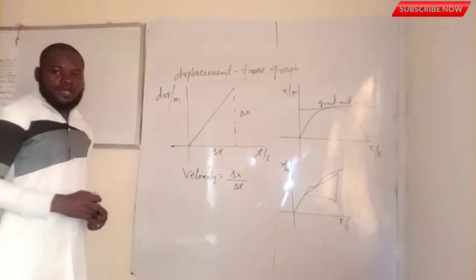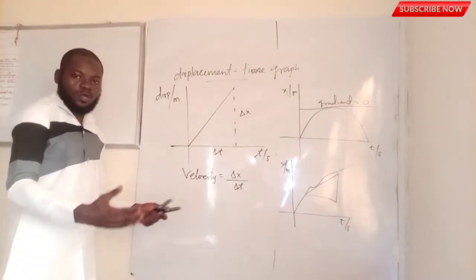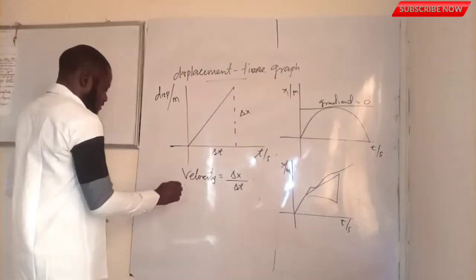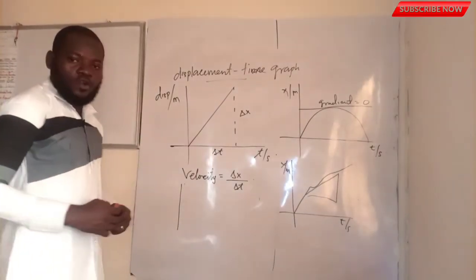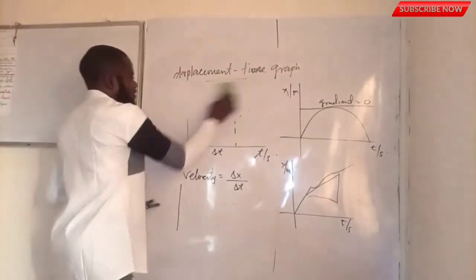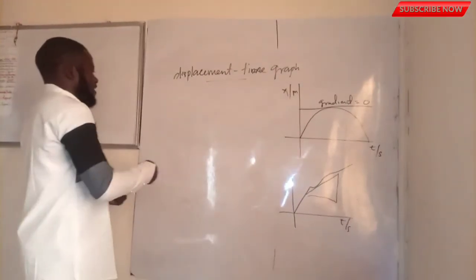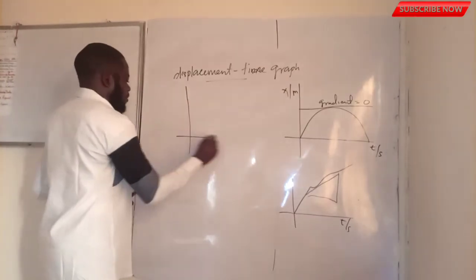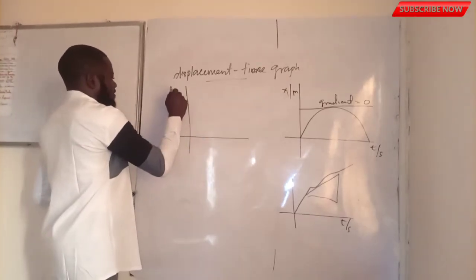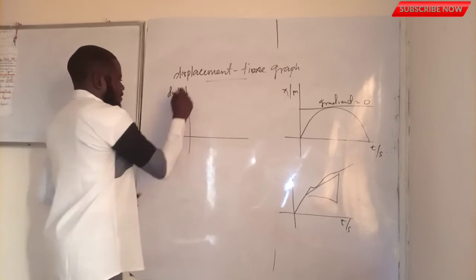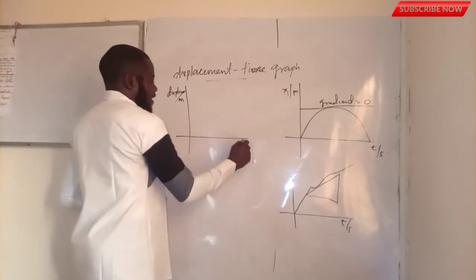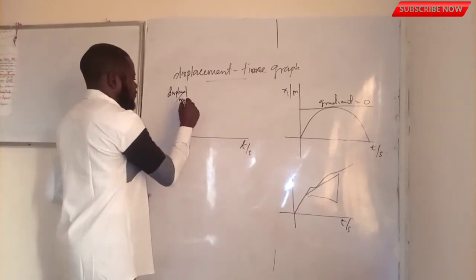Are we together now? And when you talk about constant velocity also, a constant velocity can also come in the form of a straight line, just like we have it when we are talking about the distance time graph. So if it is constant, this is displacement in meter, and this is time in seconds. So you have a straight line like this.